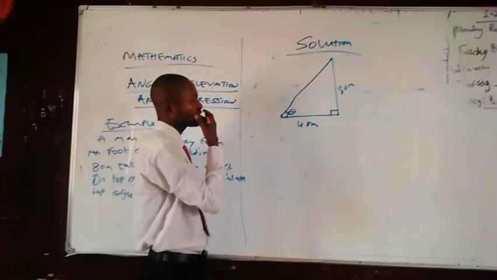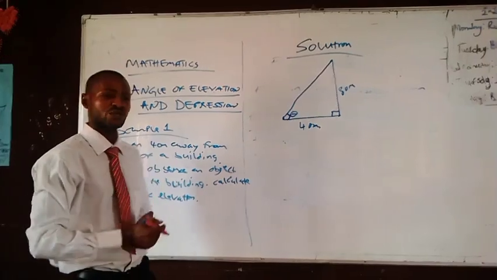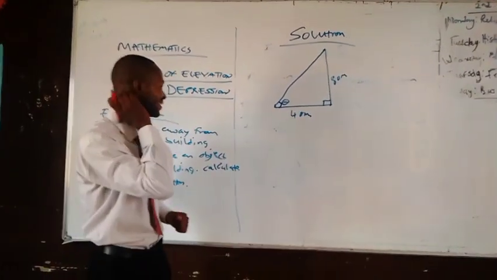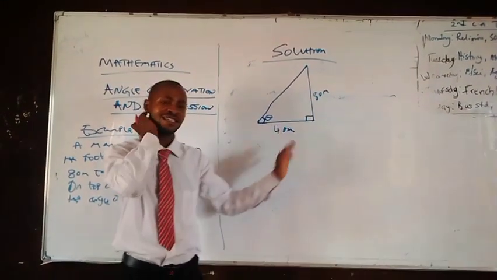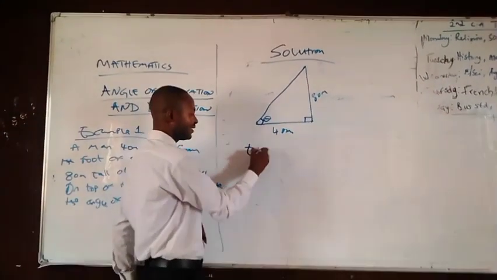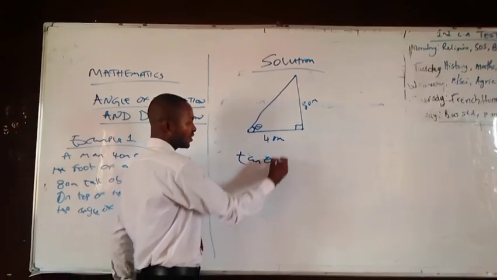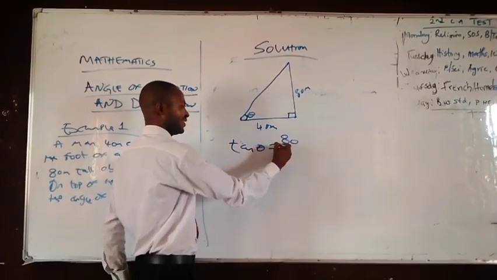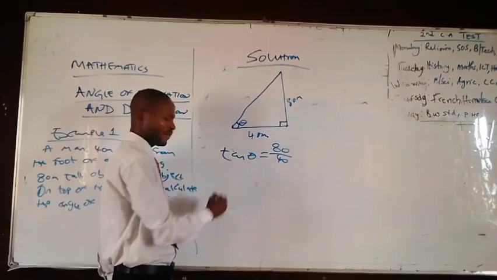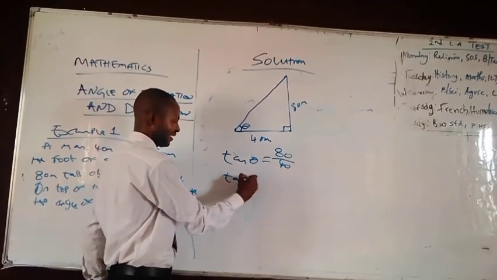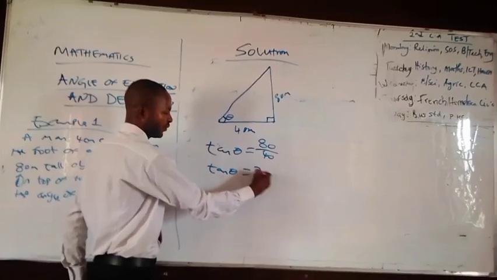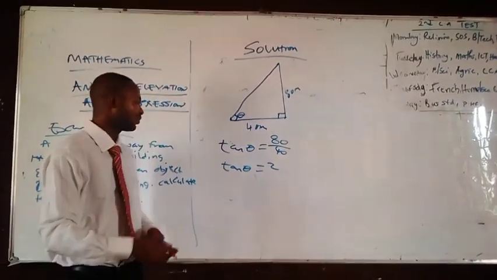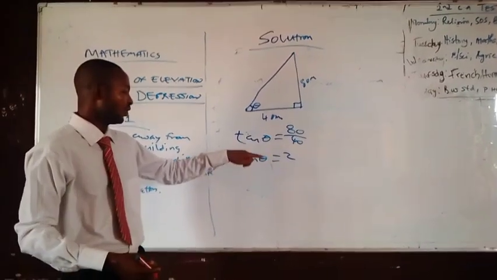We are going to use one of the trigonometric ratios because this is a problem that involves two sides and an angle, and the sides we have here are opposite and adjacent. Therefore, we'll be using tan theta, which is opposite over adjacent. Opposite here is 80, adjacent here is 40. So tan theta is equal to 80 over 40, which is 2. But it's not tan theta that we need, we need to take the tan inverse of 2.